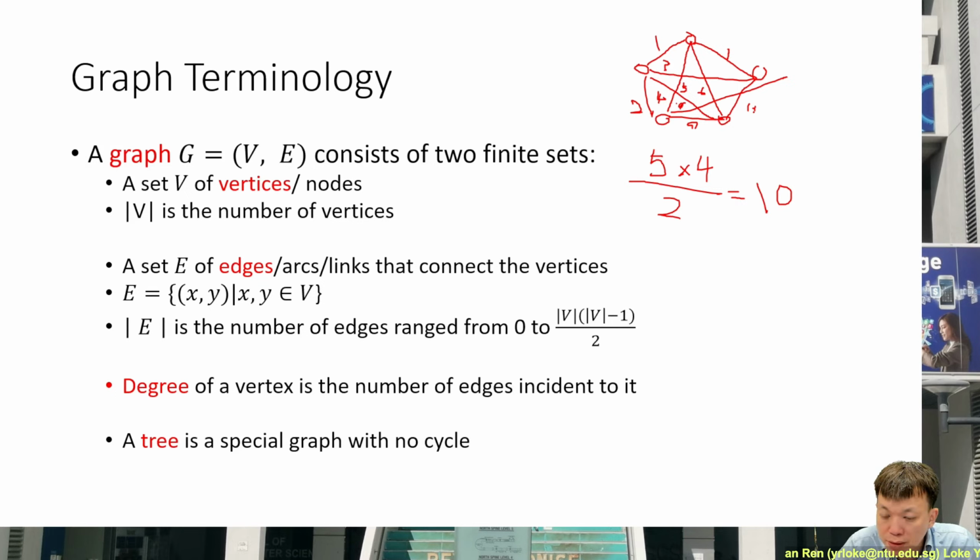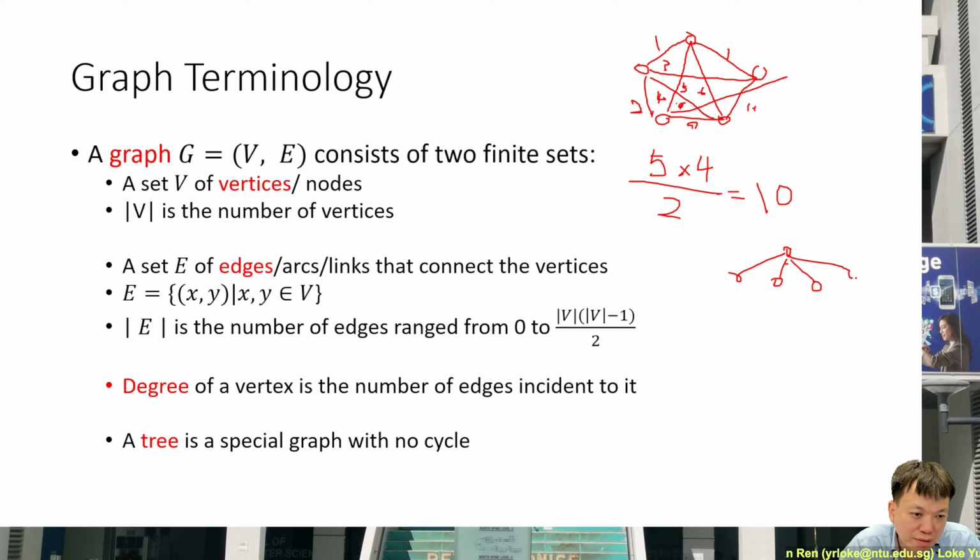Then you have learned about the binary tree. You can consider a tree a special graph with no cycle. When you learn the binary tree, it is just one example of a tree. A tree can have a lot of children, more than one, more than two. But the tree definitely won't form any cycle.